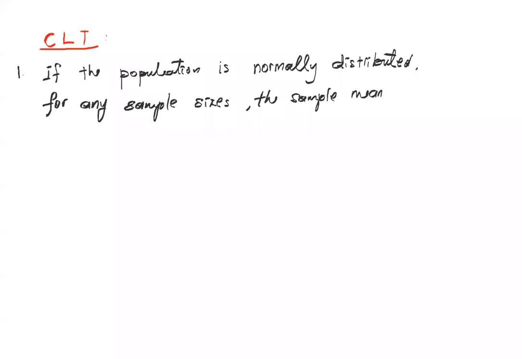If the population X is normally distributed, for any sample size, the sample mean is also normally distributed.